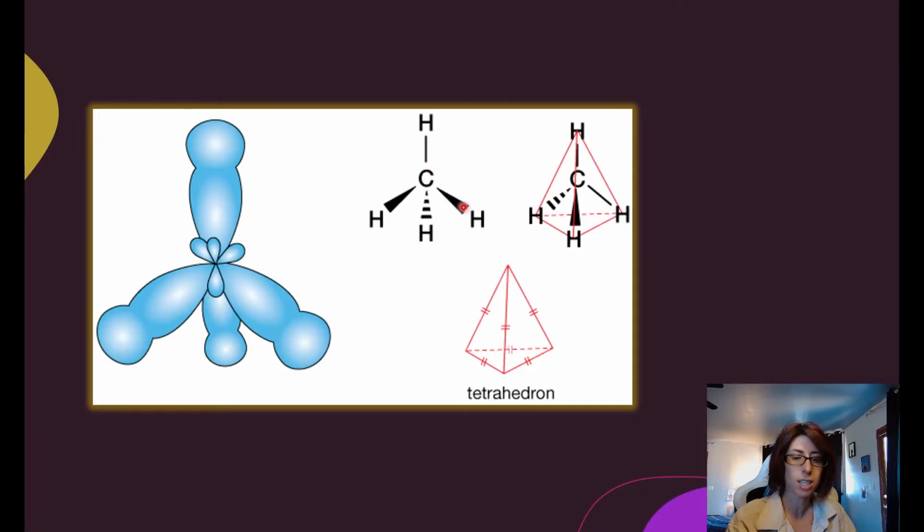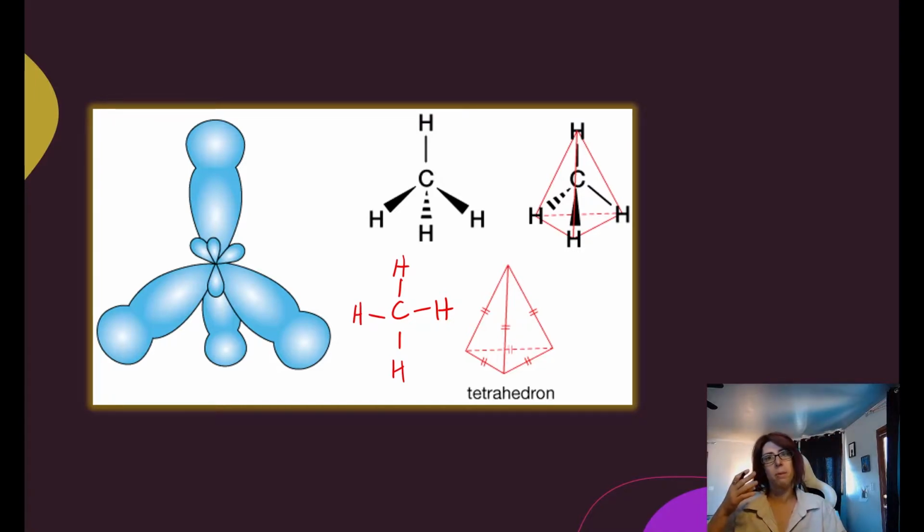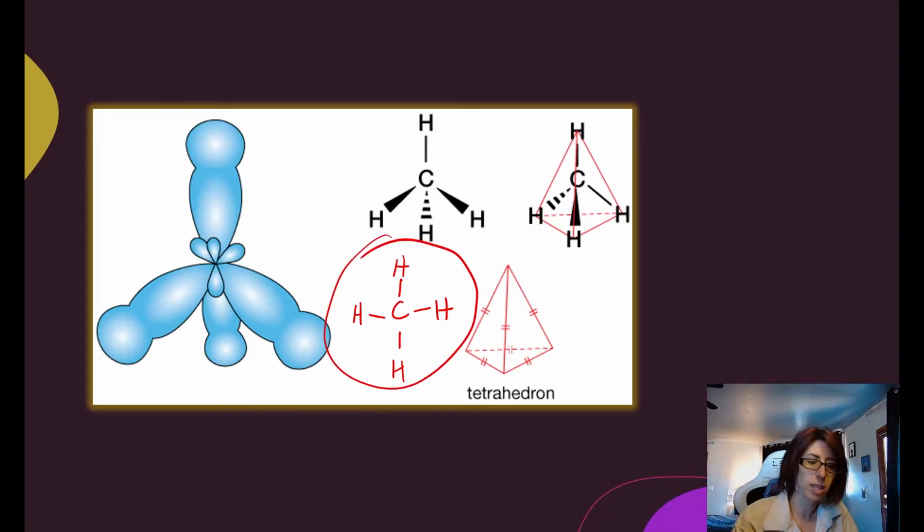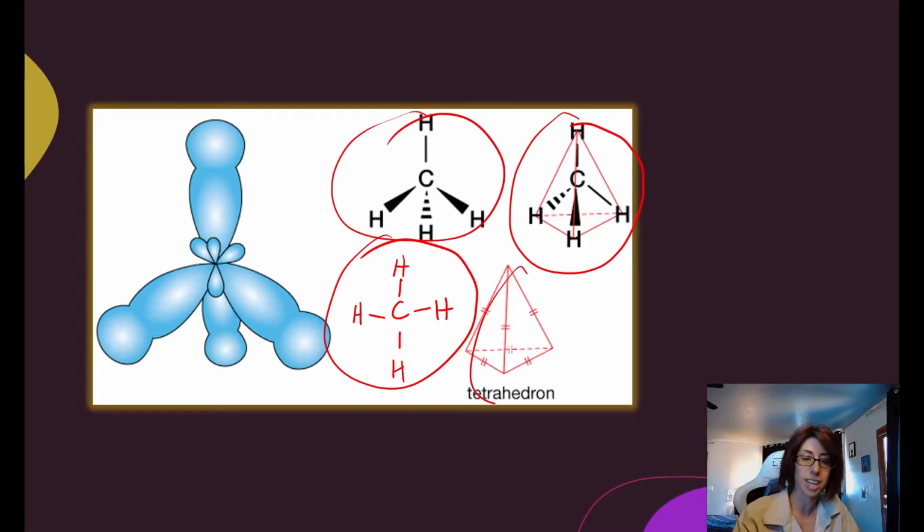These solid versus dotted lines for the covalent bonds really help you see more accurately the 3-dimensional nature of these molecules, as opposed to what we usually draw, which is this plus sign. So just keep in mind that these molecules are 3-dimensional, but we're usually going to draw them like this just because it's easier. But in reality, they look more like this, or like this, or like this.